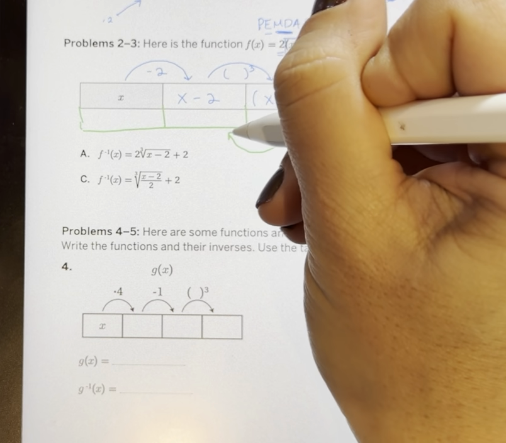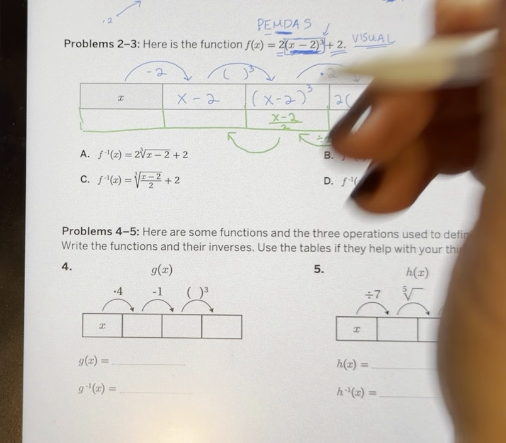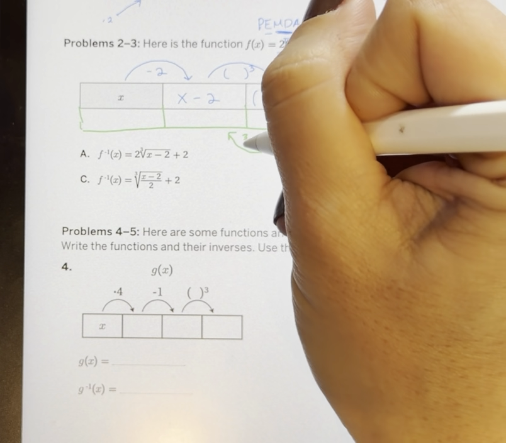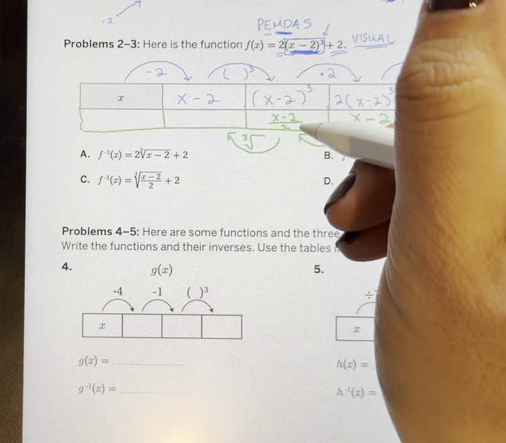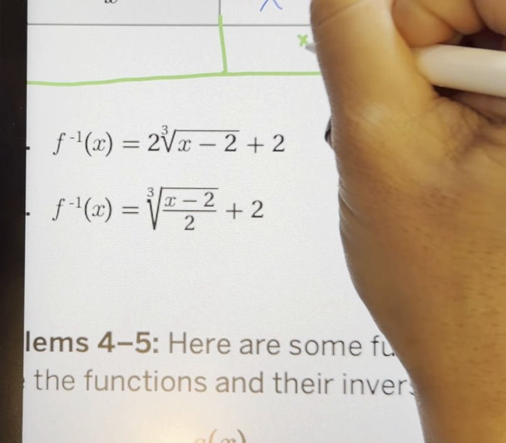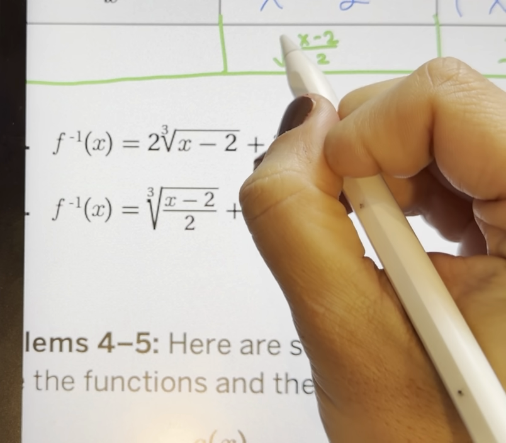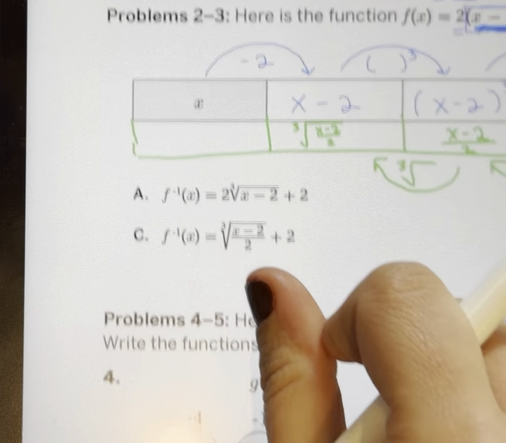And now I have to do the opposite of the cube. And the opposite of the cube is a cube root, which means I take everything from my previous step, the x minus 2 over 2, and I put it all inside of a cube root. Okay?